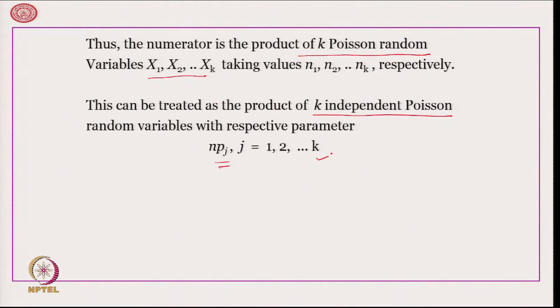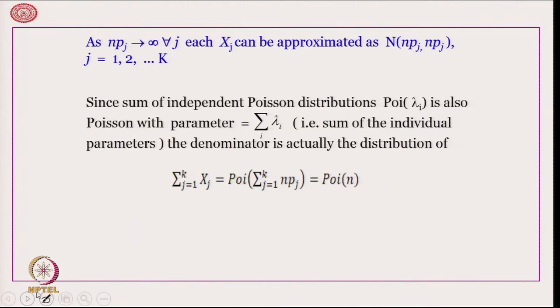Now, as npj goes to infinity for all j, because if we take large samples, each xj can be approximated as normal with npj, npj. We have just shown that as theta goes to infinity, Poisson converges to normal with theta, theta. Here theta is npj for the jth class.